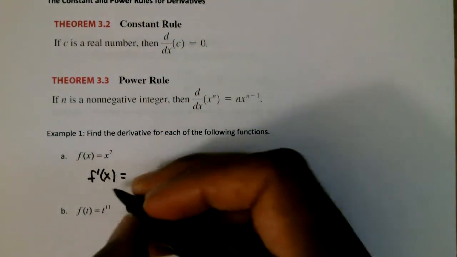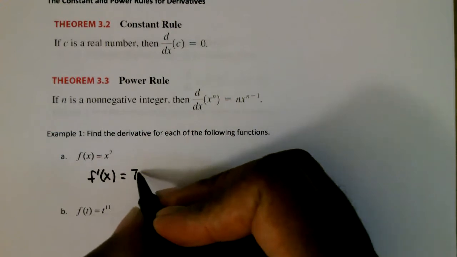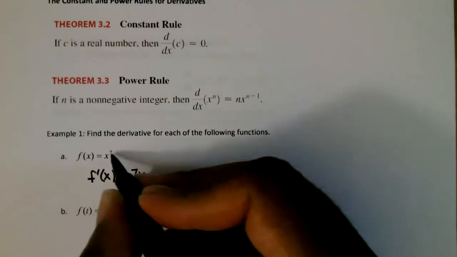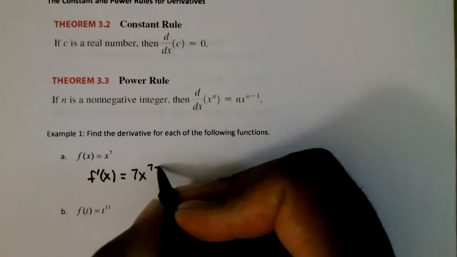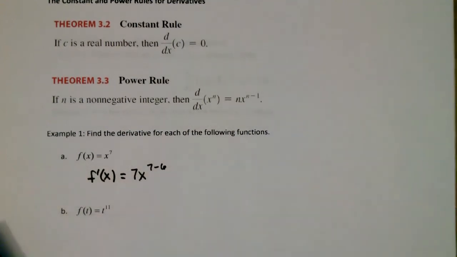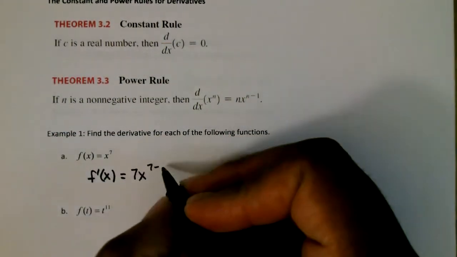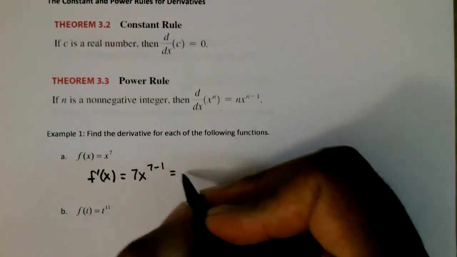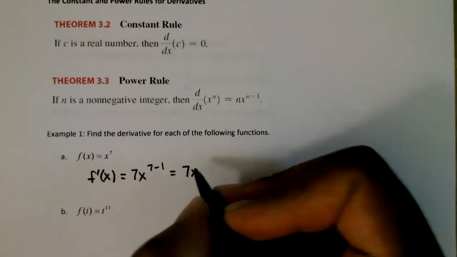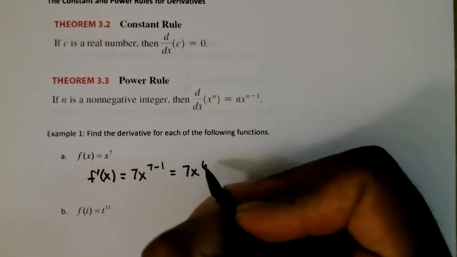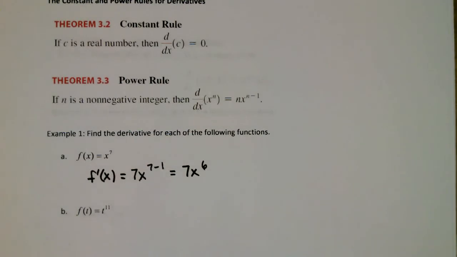We bring the 7 down in front of the x, copy that x over, and it's going to be to the 1 less power. Now write it out as 7 minus 1. It's always to the 1 less power. So this will be 7x to the 7 minus 1, which is 6. So the derivative of f of x equal to x to the 7 will be f prime of x equaling 7x to the 6.